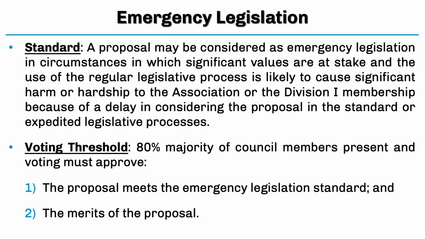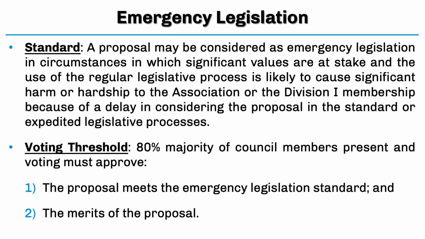The Board of Directors or the Council may adopt emergency legislation during any meeting. Adoption of emergency legislation requires 2 separate votes of at least an 80% majority of the members of the applicable entity present and voting. The first vote is to determine whether the proposal meets the definition of emergency legislation, and the second vote is on the merits of the proposal.